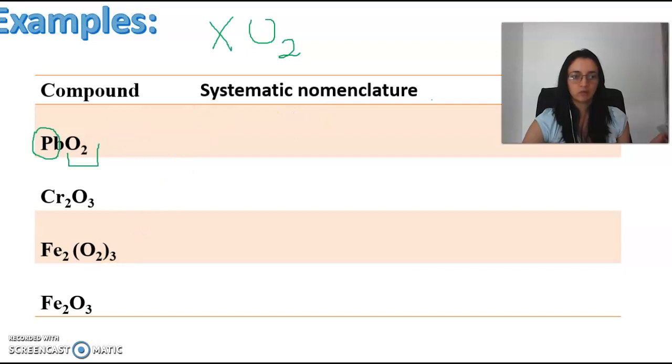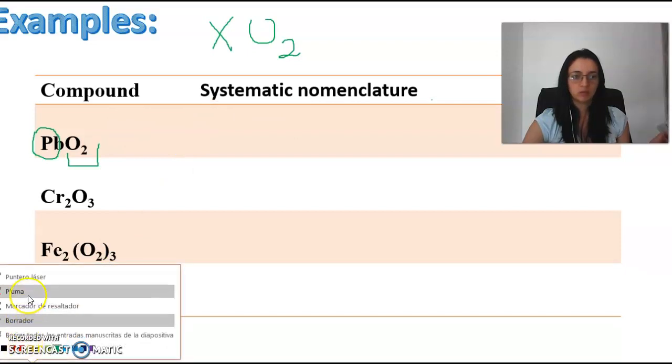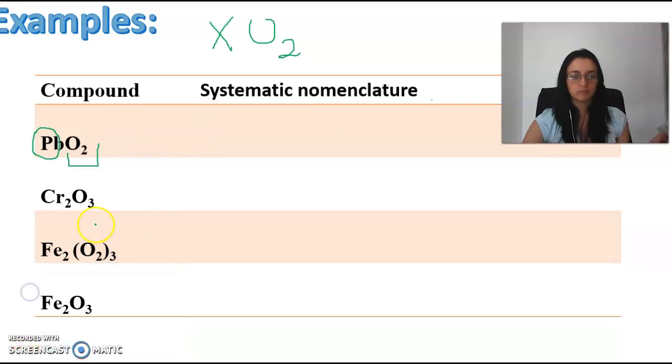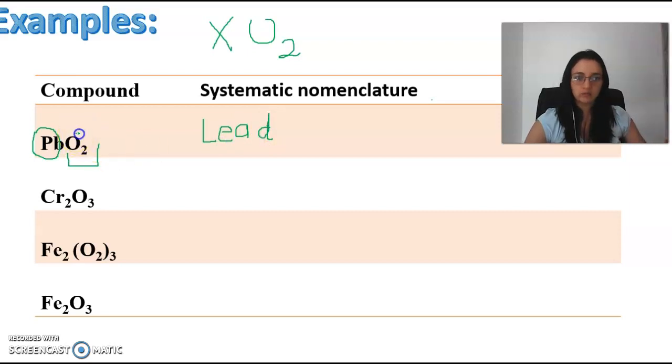So if I'm going to name the compound, then it's going to be the name of the element. In this case, it's lead. And I have already determined that this is an oxide, therefore the oxidation state is -2, therefore the oxidation state of lead is +4. So this is the step that we have to do for this particular type of compounds.